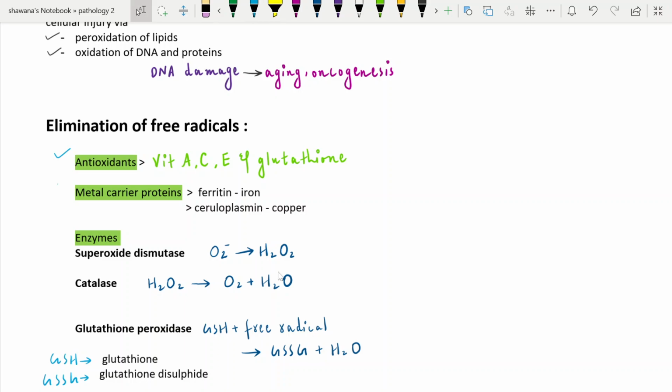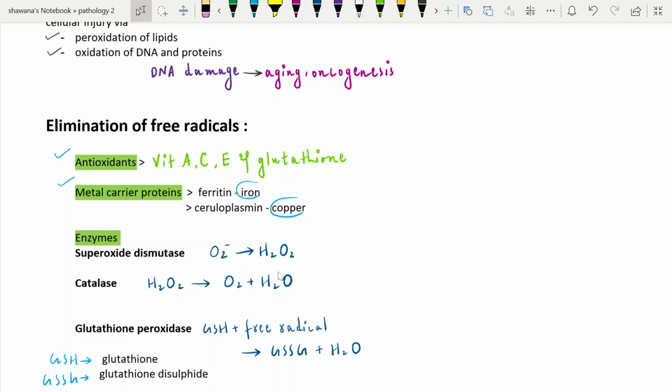So the second is the metal carrier proteins. As I have discussed, the metals, which are iron and copper, when they are in a free state, not bound to something, can cause the damage. But when they are bound to some sort of proteins or metal carrier proteins, they are in a bound state, so they produce less damaging effects.